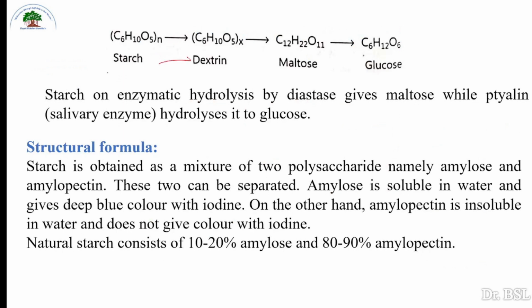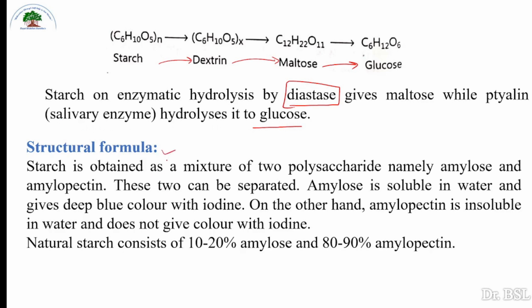Starch converts into dextrine, dextrine then to maltose, and maltose to glucose. Starch on enzymatic hydrolysis by diastase, this is a class of enzymes, gives maltose, while ptyalin, that is salivary enzyme, salivary amylase, hydrolyzes it to glucose.